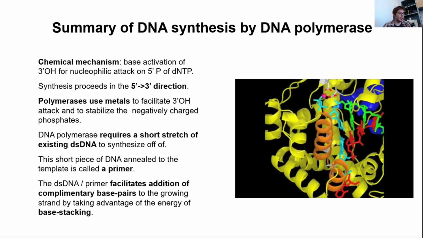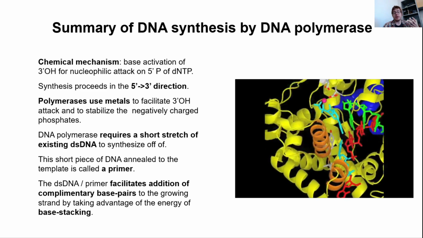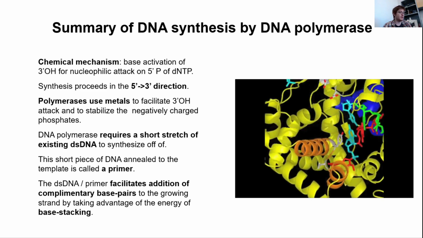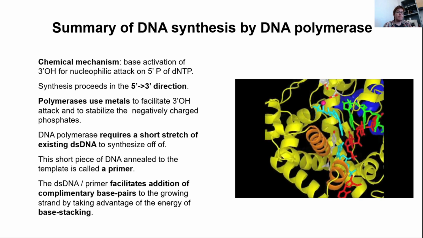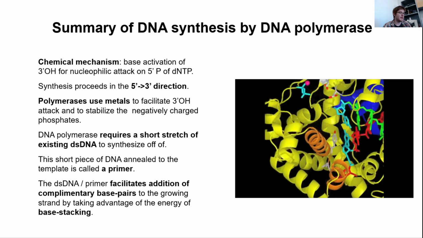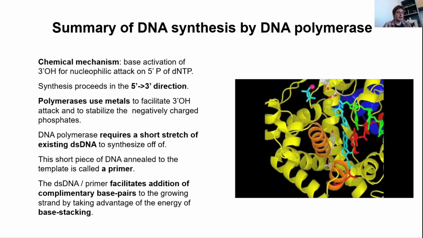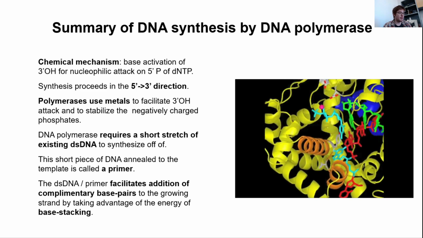Polymerases work by using metals that they bind to facilitate the nucleophilic attack and stabilize phosphate charges. And very importantly, DNA polymerase requires a short stretch of existing double-stranded DNA to synthesize off of, and we call that short piece of DNA that is annealed to our template the primer.